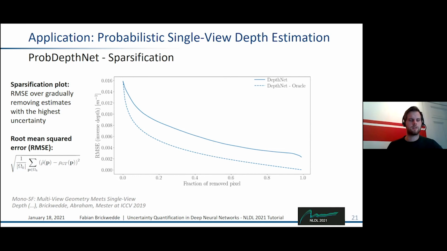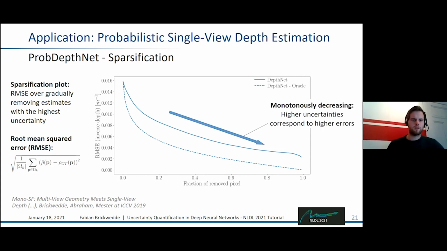On the vertical axis, you evaluate the root mean squared error. If you look at this curve, you see that it is monotonically decreasing. So if you remove the points with the highest uncertainty from the left to the right, your error decreases, which shows that high uncertainties correspond to high errors.